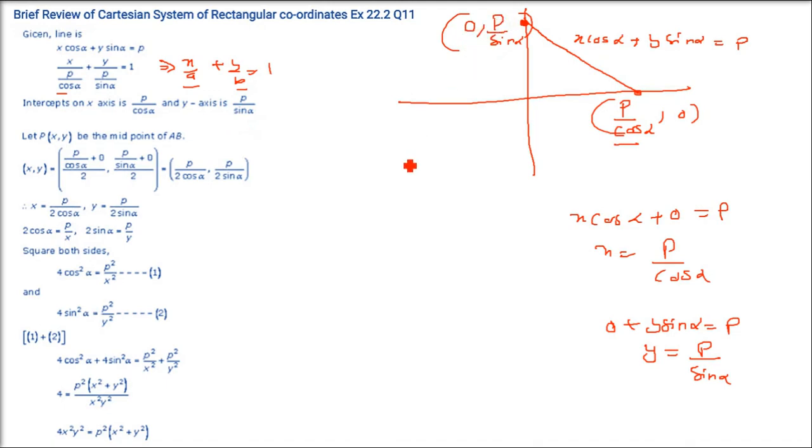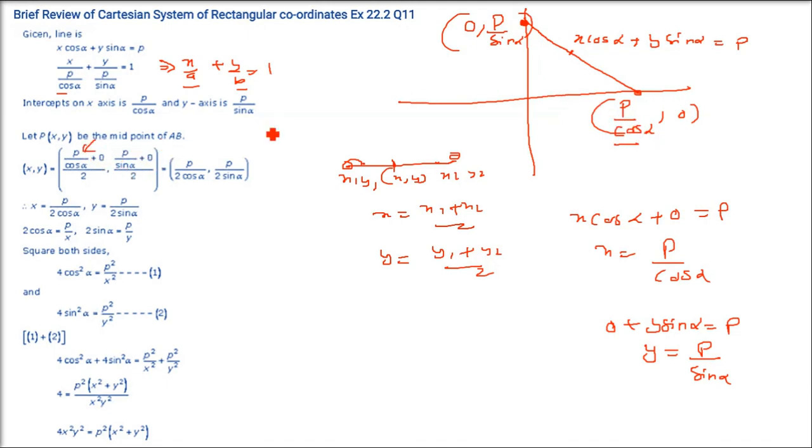Now, what is the midpoint? You know the midpoint formula? Whenever we have 2 points, if this is x1, y1, this is x2, y2, say midpoint is h and k. So h will be equal to x1 plus x2 by 2, k will be equal to y1 plus y2 by 2. So this is the midpoint.